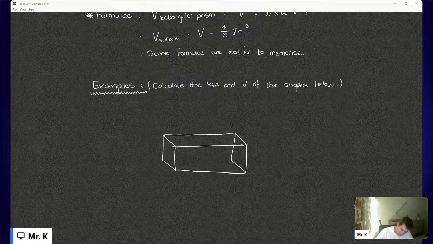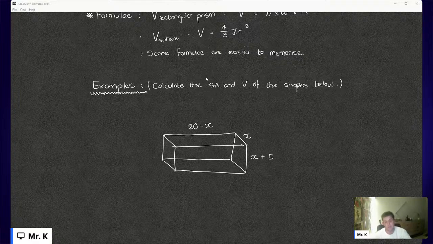Something like this over here. And the length of something could be, for example, 20 minus x, while this is x over here, right? Just as an example, and maybe this is x plus 5 for the height of the prism.